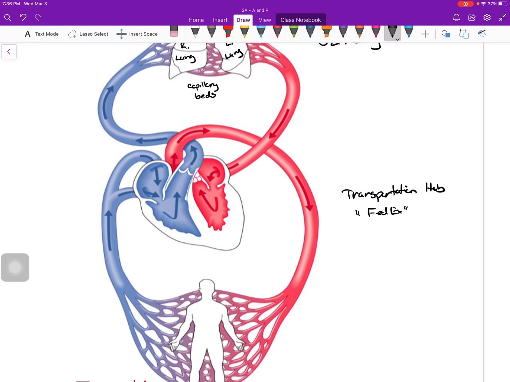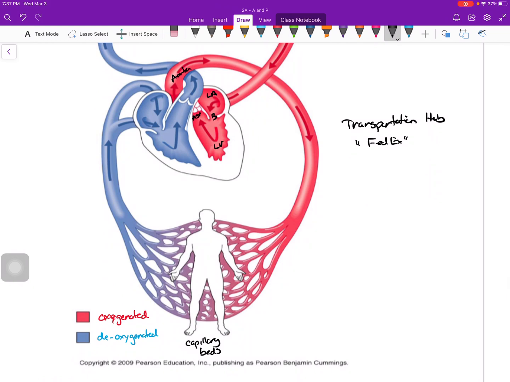All right, so blood comes in the left side of the heart into the left atrium, going down to the left ventricle through the bicuspid valve, out through the ASV, aortic semilunar valve, out the aorta, going to body tissues. Here I get down to body tissues. In the capillary beds, I have gas exchange. O2 is dropped off.